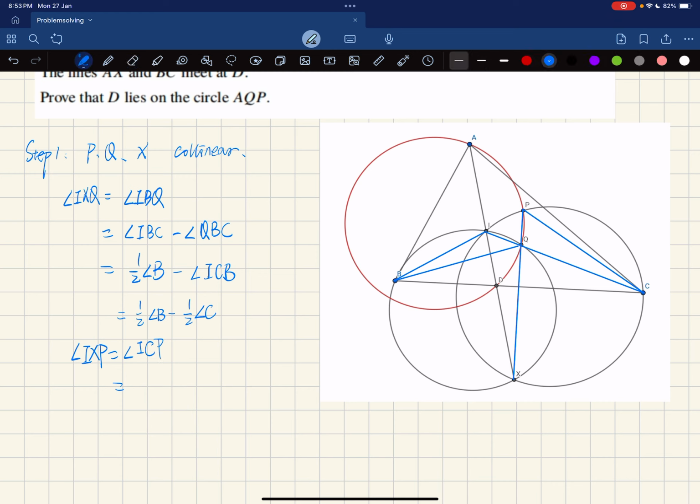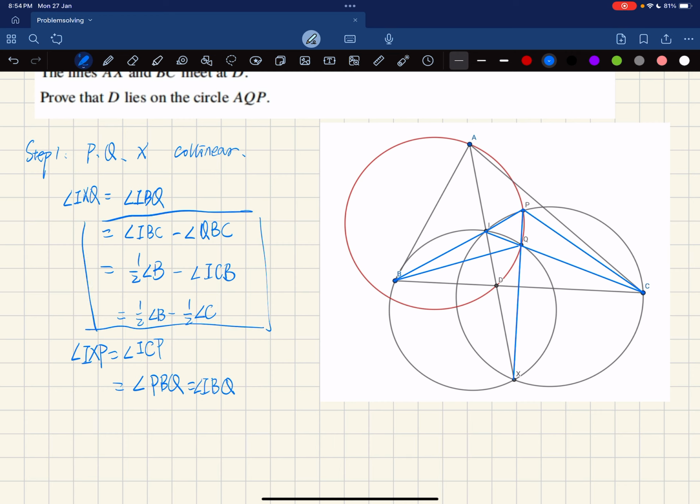What is the point P? It is on the perpendicular bisector of BC. So we can also connect PI so that ICP equals angle PBQ. What is PBQ? It is angle IBQ, right?